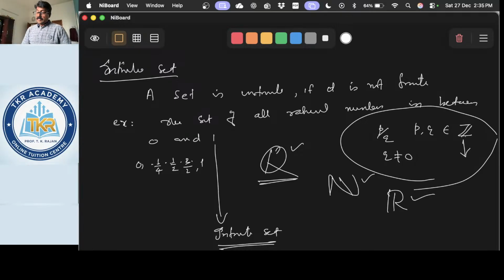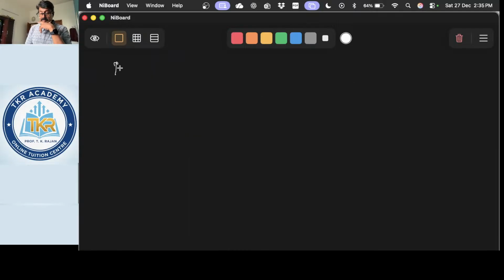Many examples are there for finite and infinite sets. Let us consider the set of all natural numbers: N is 1, 2, 3, etc. This set is not finite. It is an infinite set.